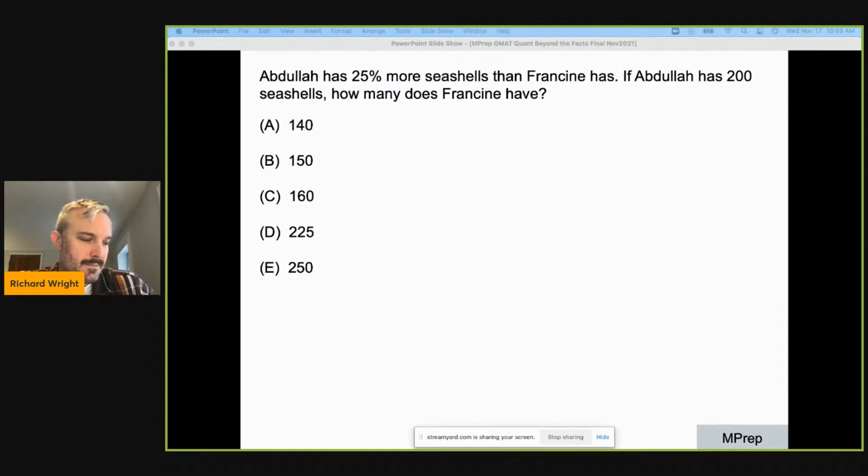Okay, so that's time. That was 2 minutes, which is the real time limit per problem on the quant section. So let's talk about this problem. A lot of people have already put the answer in the chat, which is correct. It's 160, C.